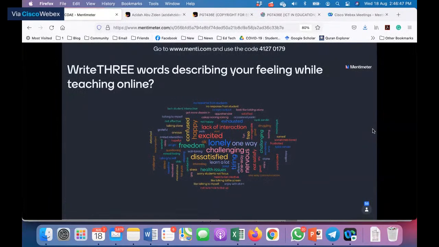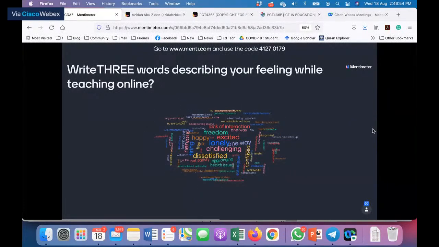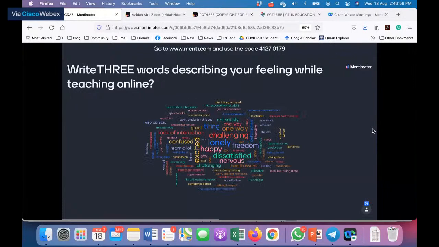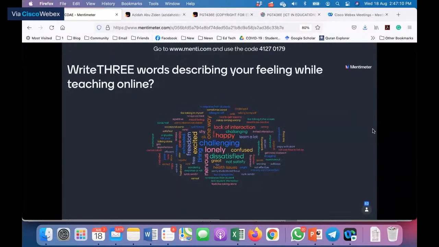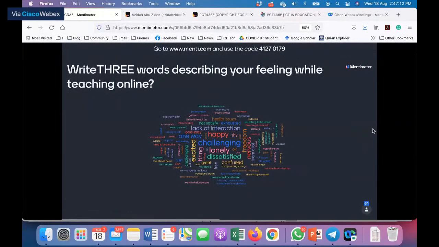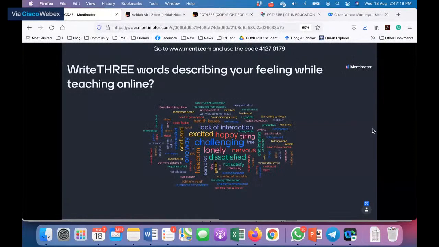Okay, so now the most dominant words are challenging, dissatisfied, lonely, excited. There are still people who are excited, but dominant will be lonely, challenge. Freedom is quite small. Dissatisfied, challenging. The biggest word there is challenging, lack of interaction and so on.